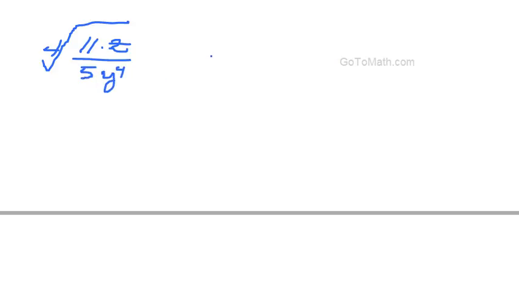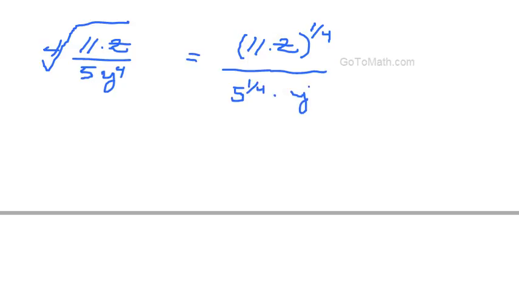So I'm going to go ahead and write this as 11z raised to the 4th power over, and then we're going to go ahead and break this up. This is going to be 5 raised to the 4th power times y to the 4th, and it's all raised to the 1/4 power.